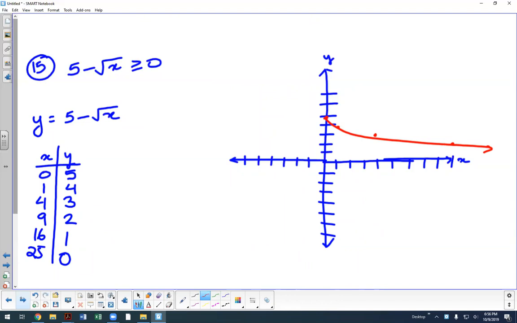So where is it crossing the x-axis? 25. We're actually going to need that on our graph, because this question is talking about specifically where your function is equal to 0 and greater than 0. So how can we modify this graph to accommodate showing where it's crossing the x-axis?